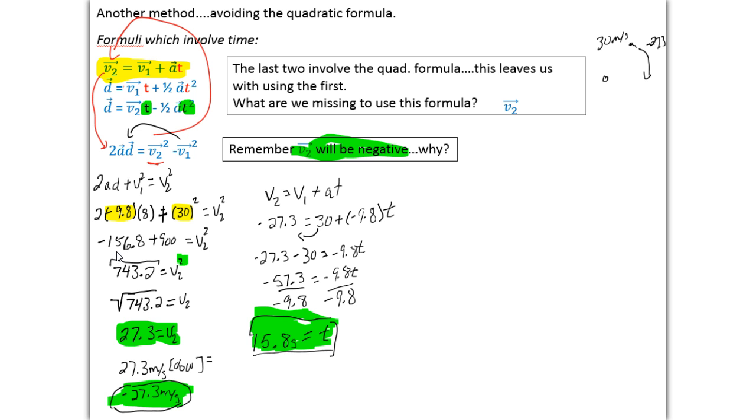So really you're doing it, but you don't realize you're doing it because you have to use more than one formula. So here's the situation you're in. You can either use the quadratic formula or you're going to be forced to use two different equations. I'd rather use the quadratic formula, and perhaps I'll get you guys to practice both, give you two questions, do one this way and one using the quadratic formula.